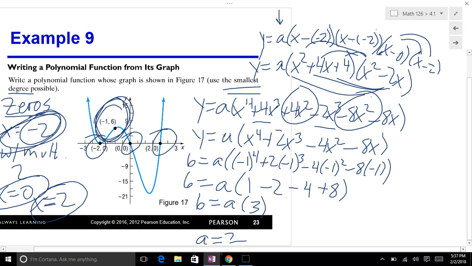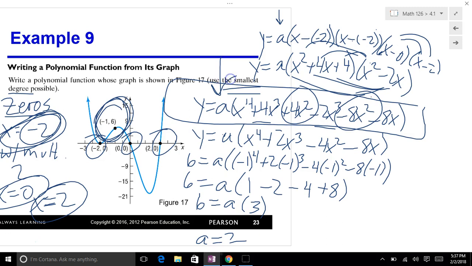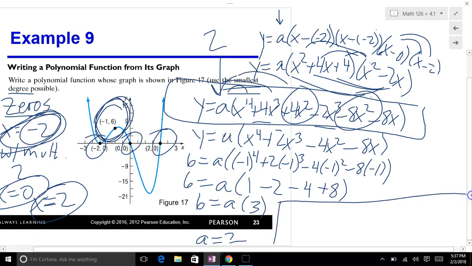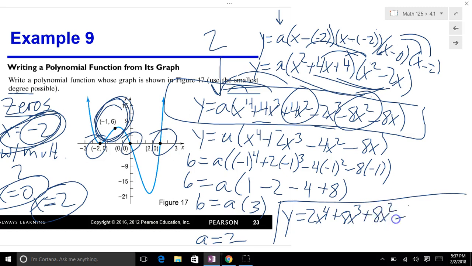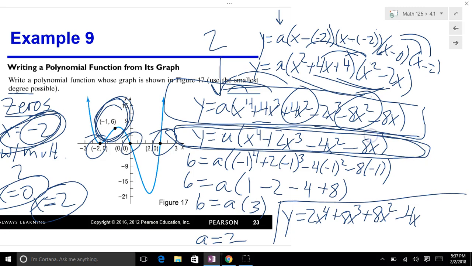So now I go back to this equation right here, and I just plug 2 in. I'm sorry, I ran out of room right here. Plug the 2 in and distribute the 2 through to everybody. Oh shoot, I'm sorry, this one right here. That one right there.